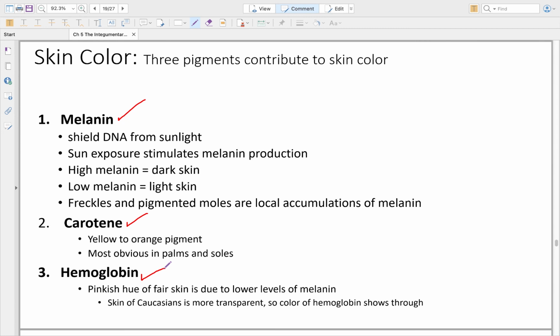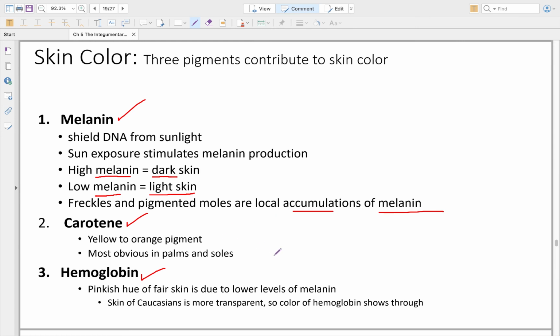Typically, when we're out in the sun, exposure stimulates melanin production, which is the reason why we get tanned in the sun, right? And so that makes sense. Now, if we have a high amount of melanin in our skin, the darker the skin will be. Low melanin, the lighter the skin will be. Now, freckles and moles and things like that are just an accumulation of melanin.